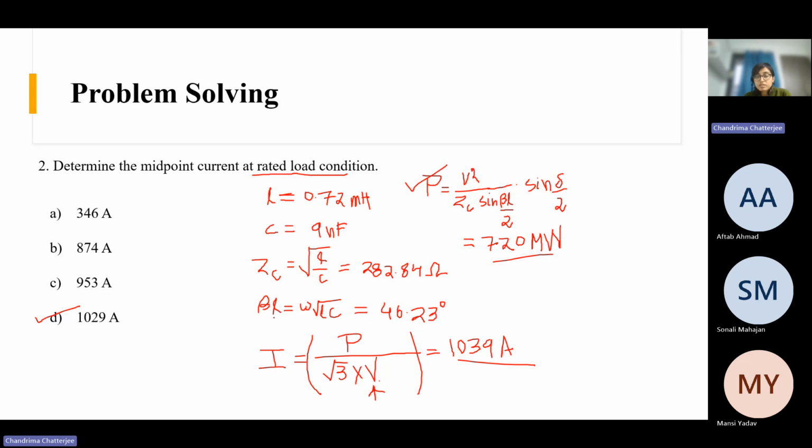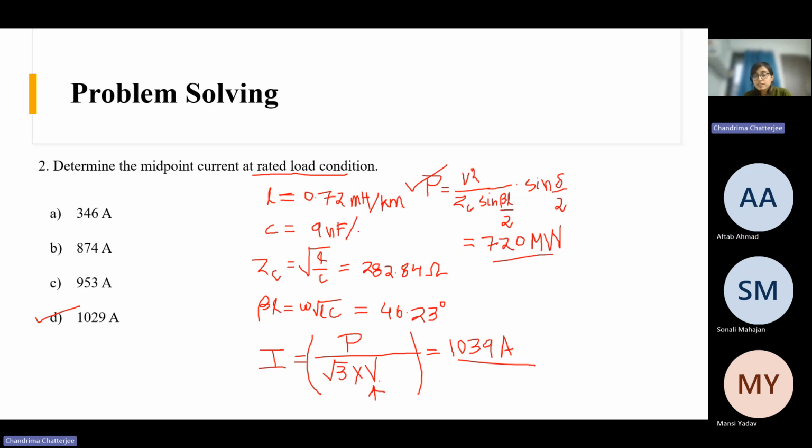Are you getting some other value of beta L? I am putting L equal to 0.72 millihenry, and the value of capacitor which I put is 9 into 10 to the power minus 9, and omega I am considering 120 pi.